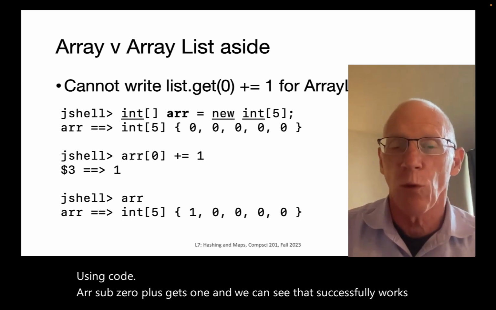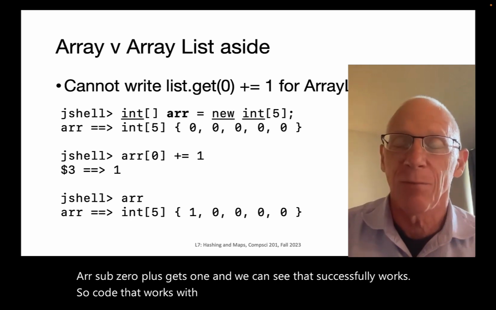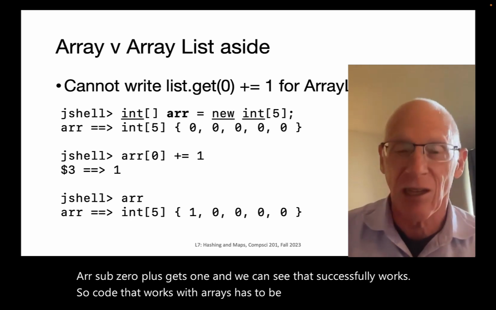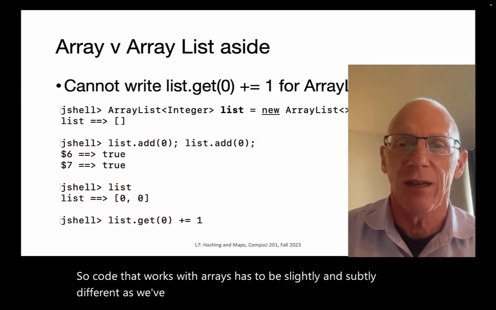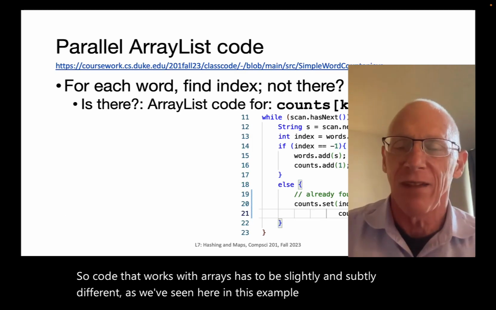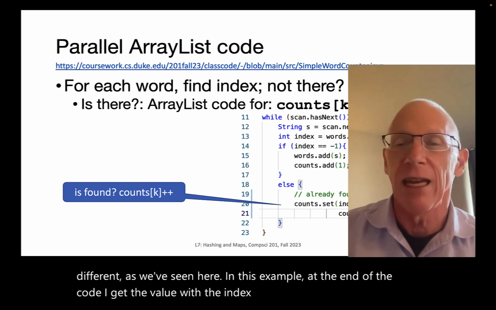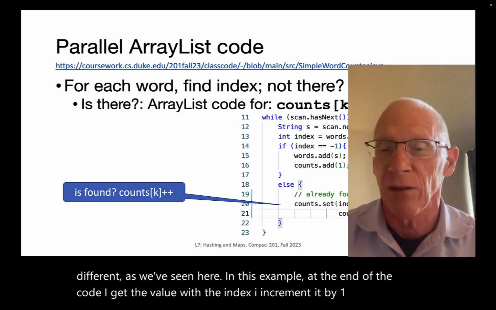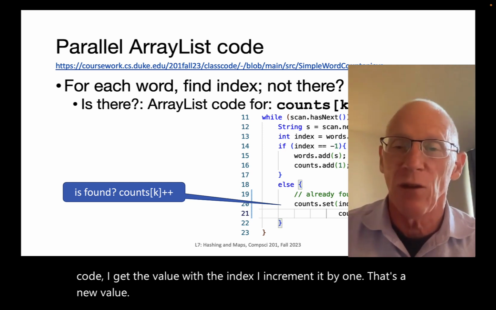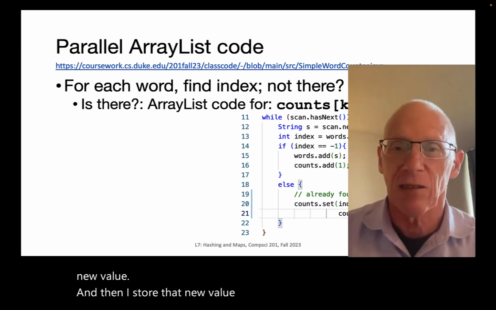So code that works with arrays has to be slightly and subtly different, as we've seen here in this example. At the end of the code, I get the value at the index, I increment it by 1, that's a new value, and then I store that new value at the index location.